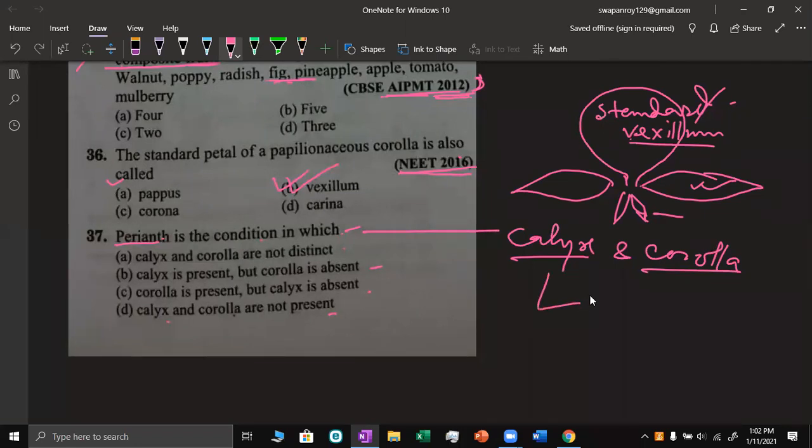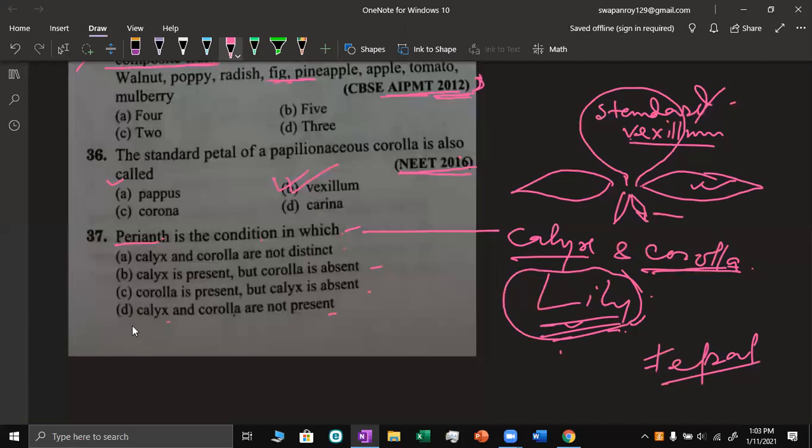Like in lily, in family Liliaceae, and in many monocots, the calyx and corolla are indistinct structures and they are called perianth, and the unit is known as tepal.